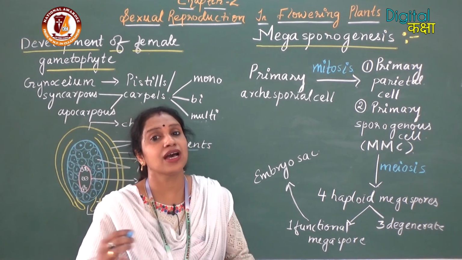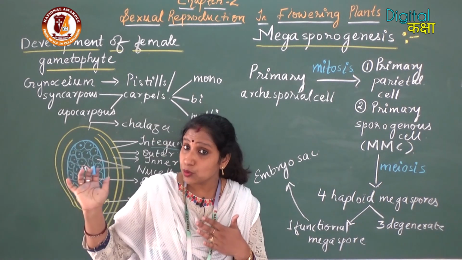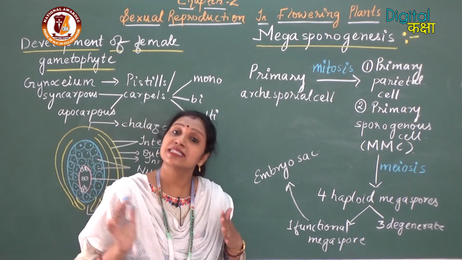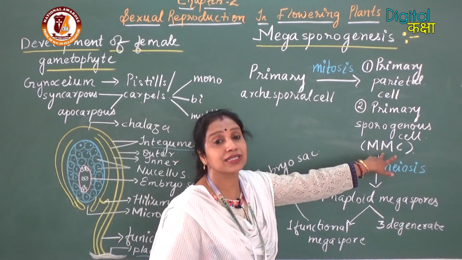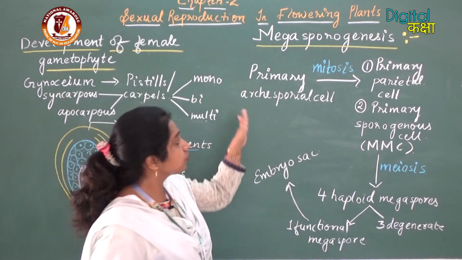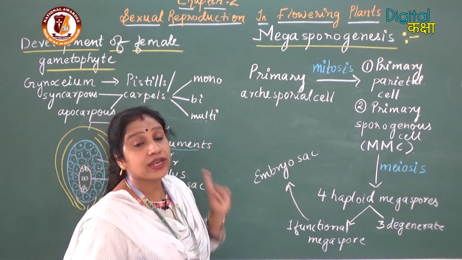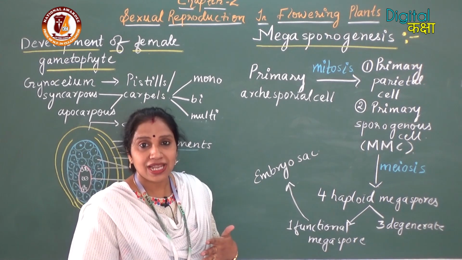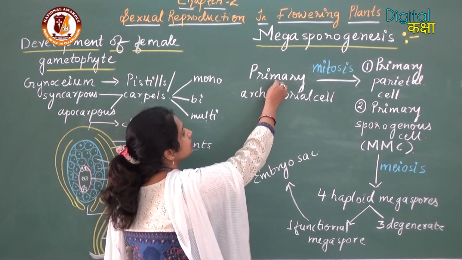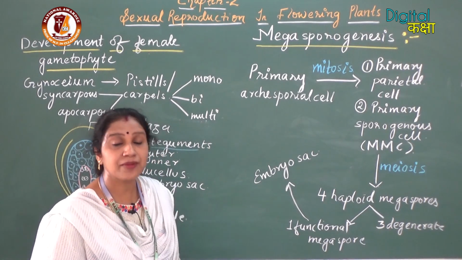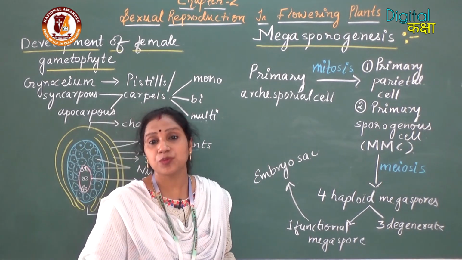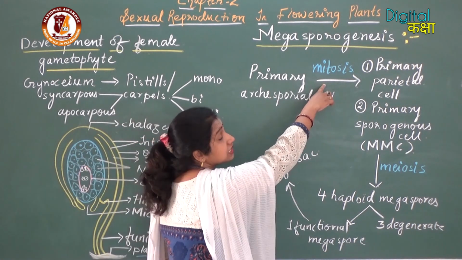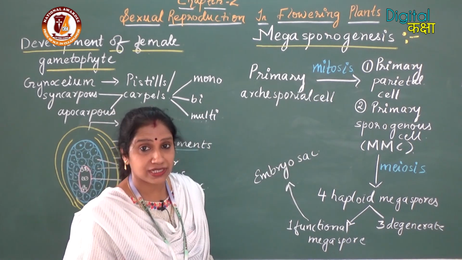This primary sporogenous cell will act as the megaspore mother cell. That means the mother of the megaspore, like the pollen mother cell or the microspore mother cell was there. Similarly, the megaspore mother cell is here. So, once more I will discuss this. One of the cells of the nucellus will be specialized, and that cell is called the primary archesporial cell. This primary archesporial cell will divide by mitotic cell division to form two daughter cells.